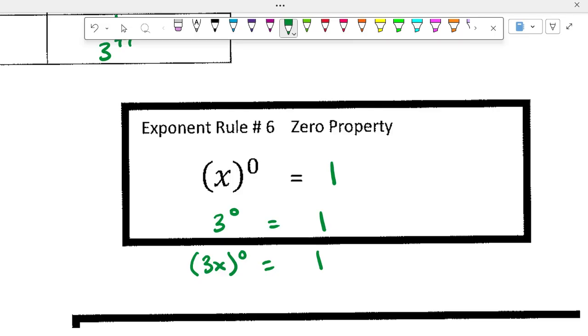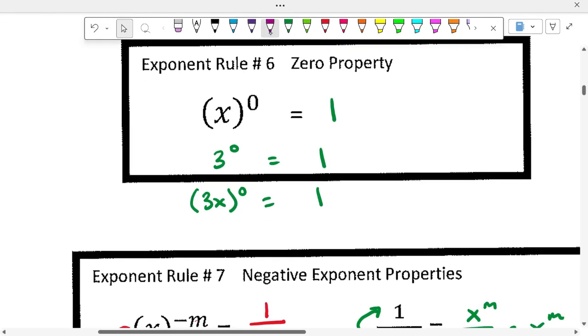Now, let me ask you guys this. 3x raised to the 0 power. Actually, no. What's this? Is that 1? 3. It's 3.